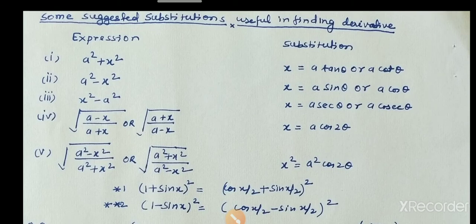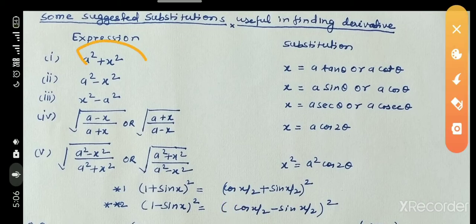You can see here some suggested substitutions useful in finding the derivative. Here are some suggested substitutions. If the expression is a square plus x square, then we generally substitute x is equal to a tan theta or a cot theta.